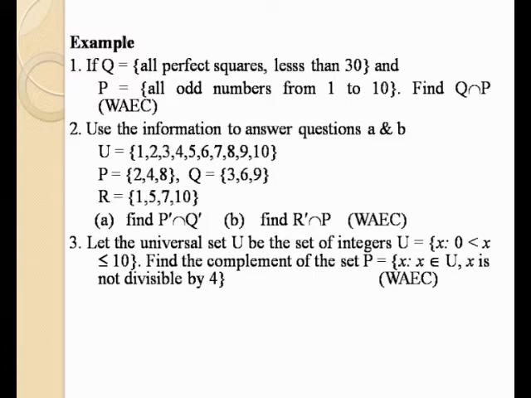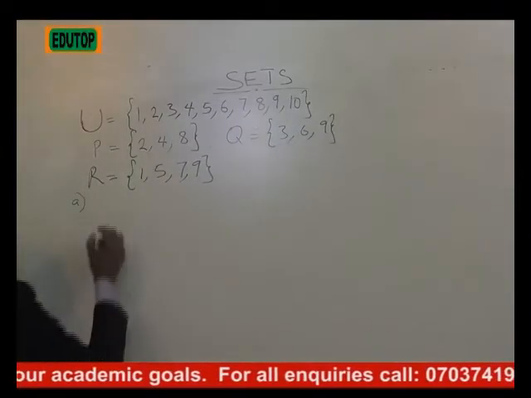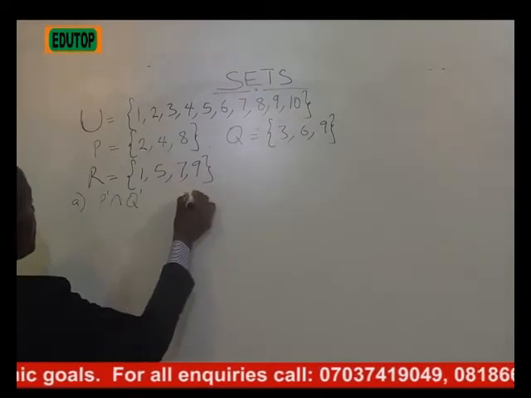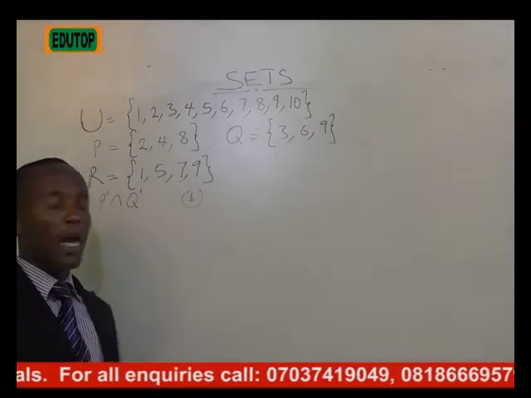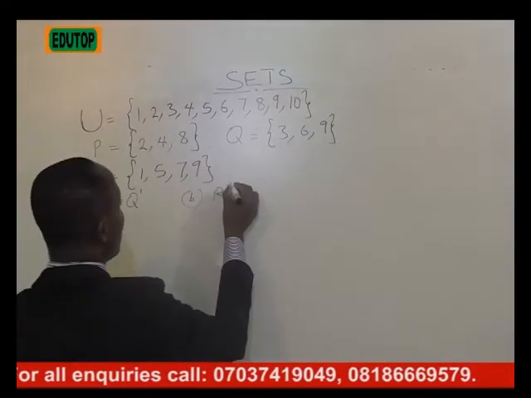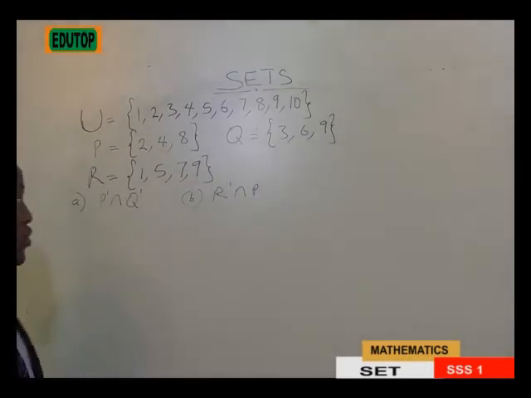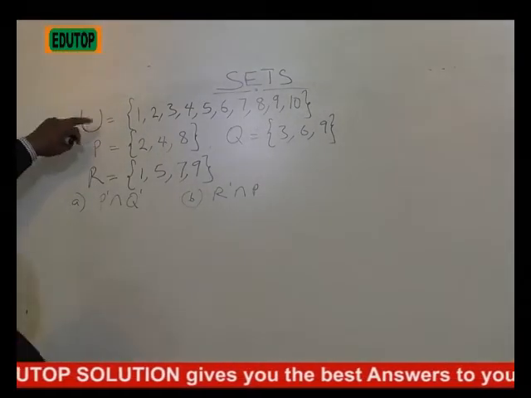Now, for our question example number 2A, they said we should find P complement intersection Q complement. Then B, R complement intersection P. Now, for us to know, these are universal sets.